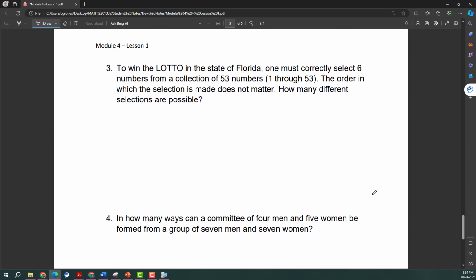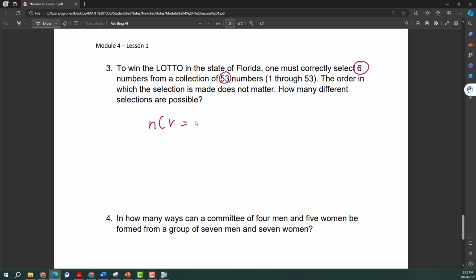All right, what about the lotto? It says to win the lotto in the state of Florida, one must correctly select 6 numbers from a collection of 53 numbers, 1 through 53. The order in which the selection is made does not matter. How many different selections are possible? So we have 53 total numbers that we're choosing from, and we are going to correctly select 6 numbers from that collection.